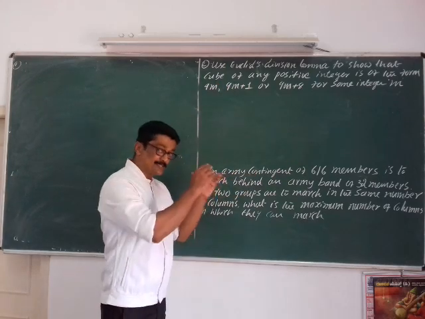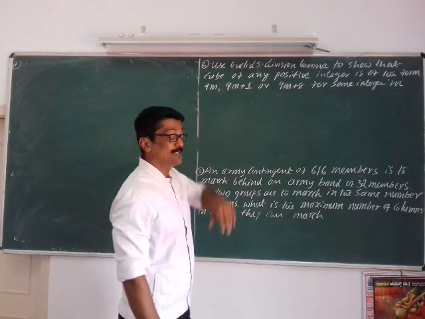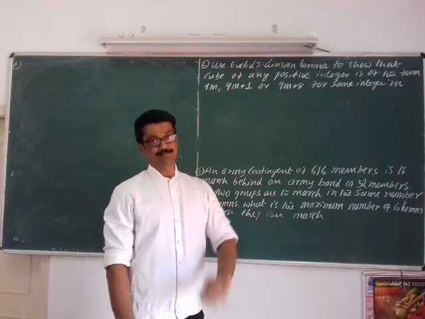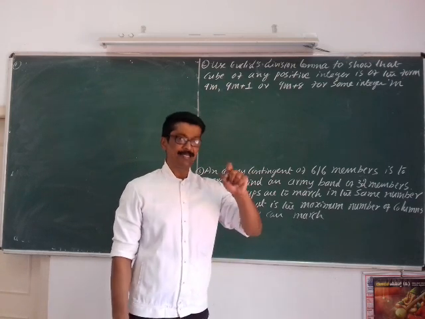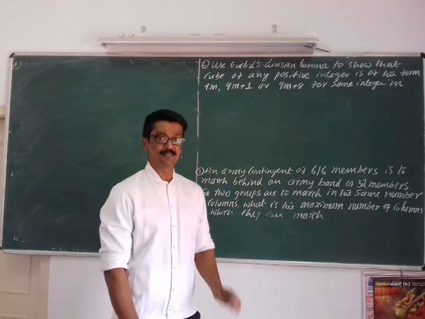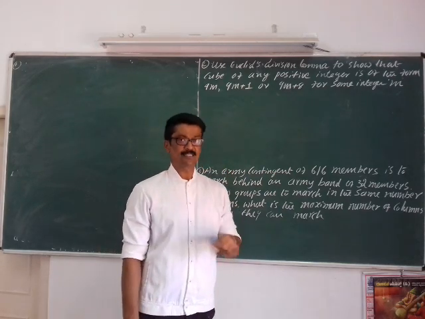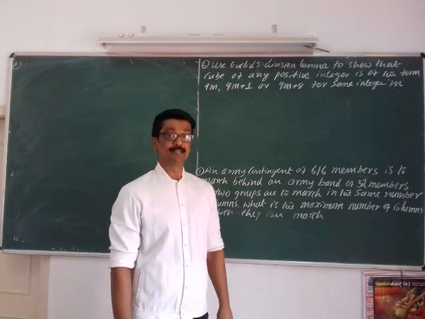So to avoid that, what we can do is, instead of 9 we can take 3, because a number which is divisible by 9 is also divisible by 3. Remember this, students. A number which is divisible by 9 means it is also divisible by 3.